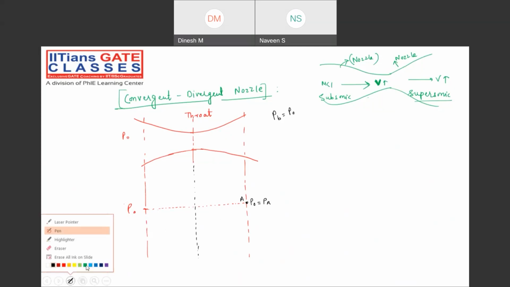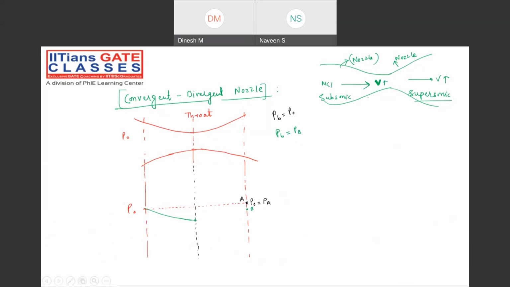Now further, my dear friend, what will happen? You decrease the pressure value to the point B. Whatever the back pressure is at point B, I'm calling PB. Understanding my point?